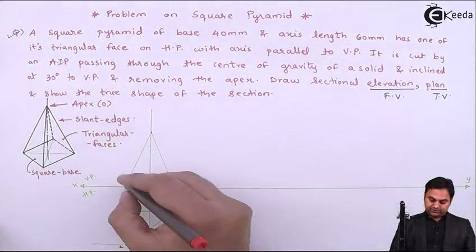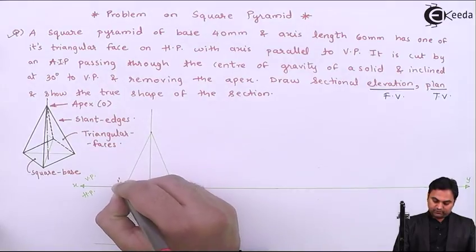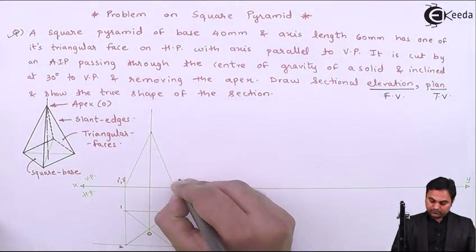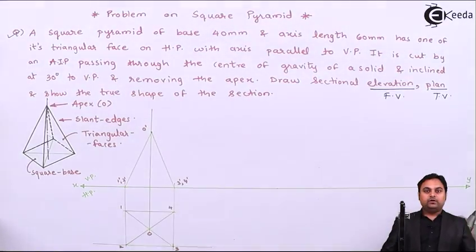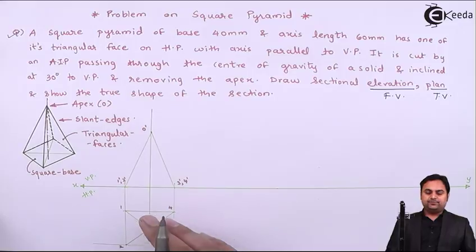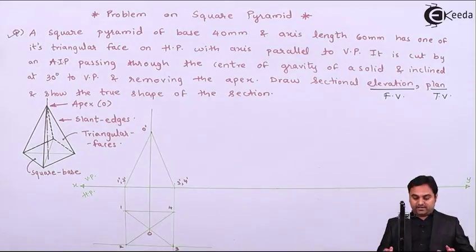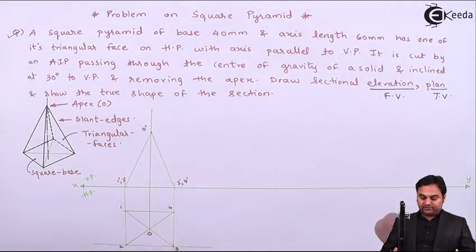Giving the notations in the front view: 1 dash, 2 dash, 3 dash, 4 dash, and here we have point O dash. Now I won't be making it dark first because another condition is there, and finally I would be making it dark after showing the cut section or the cutting plane.